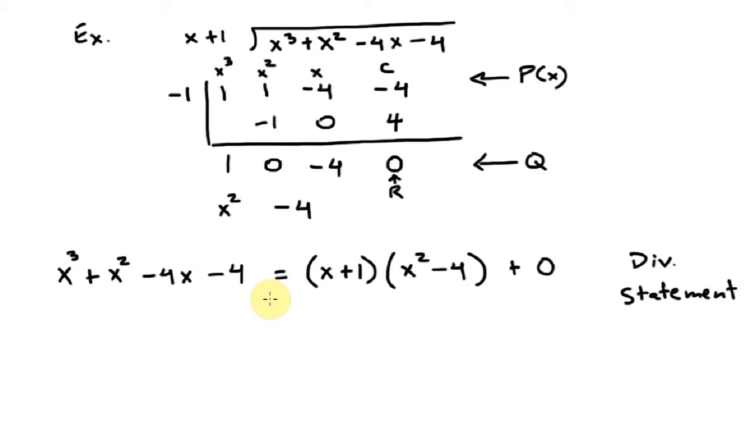Okay, I guess we're ready for my last example at this time. So I'm going to clear the screen here and see if you agree that this is a better way of doing long division.